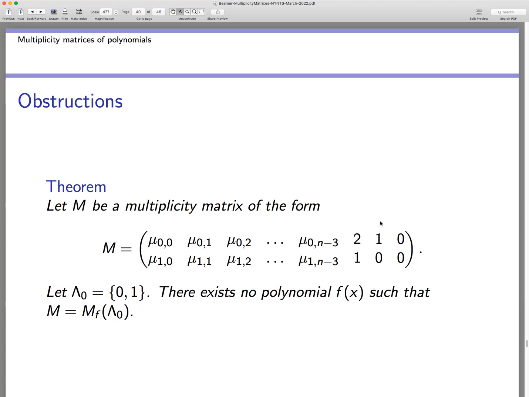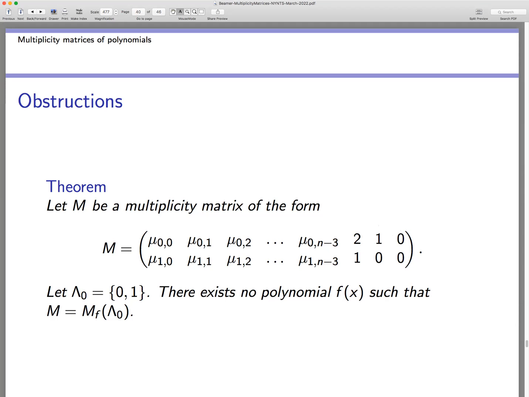Yes. Is that right? I hope it's not. If it is, this is not a very interesting example. Yeah, so actually, thank you. So this is not a multiplicity matrix.